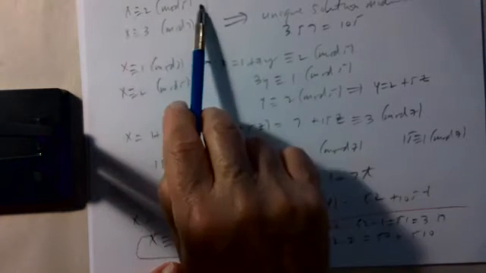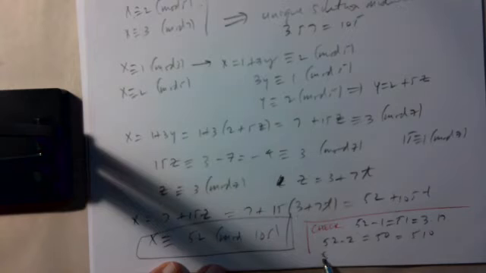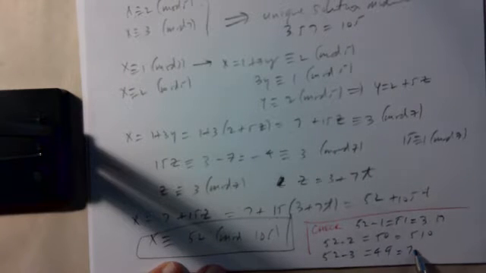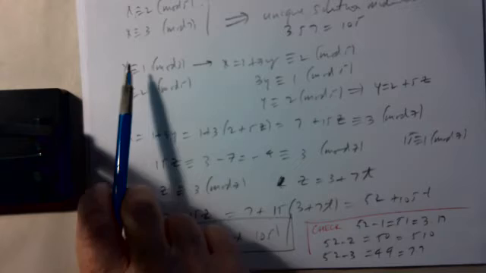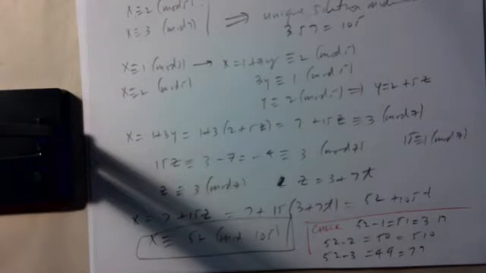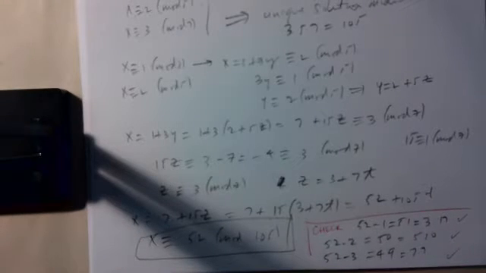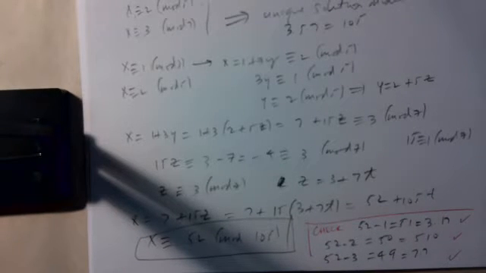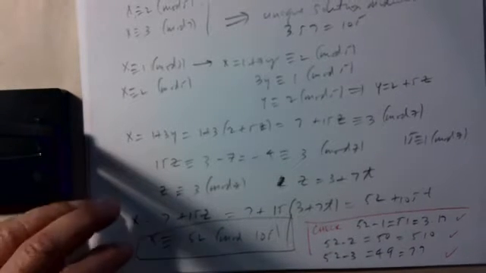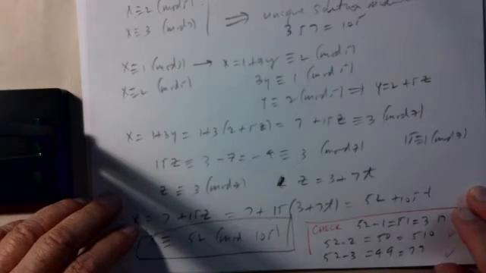So 52 is congruent to 2 mod 5. 52 minus 3 is 49, which is 7 times 7. So 52 is congruent to 3 mod 7. So all 3 of our congruences work, and we check. And if we had made a mistake, checking will tell us 100% of the time whether or not we made a mistake.